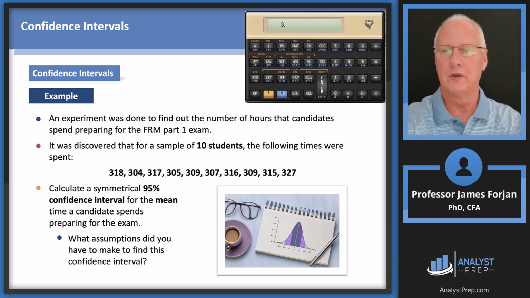So all we're going to do is say 318 and hit our sigma plus. Notice it says that was the first one. So let's do 304. There's our second one. 317. There's our third one. 305. 309. 307.